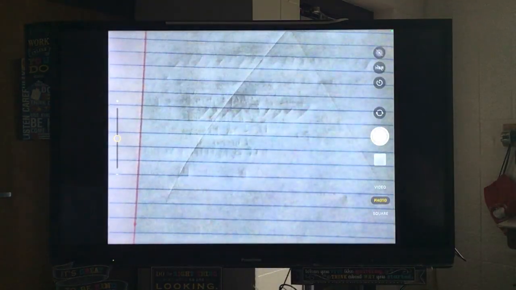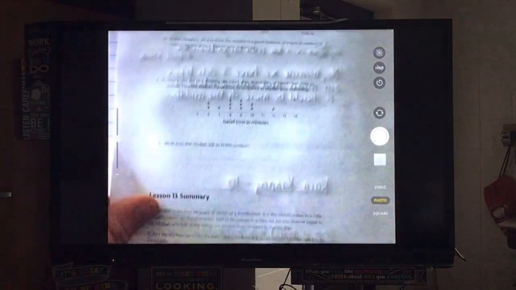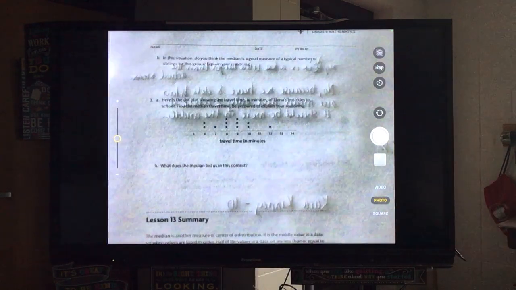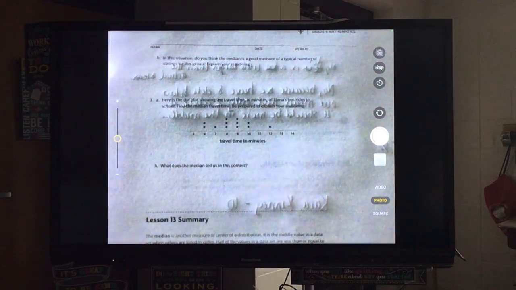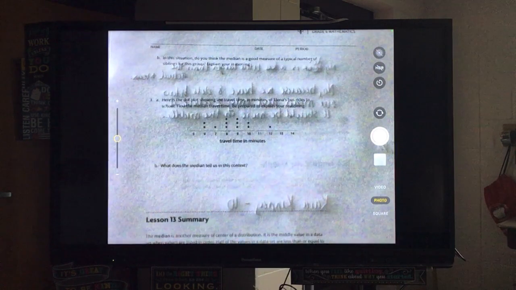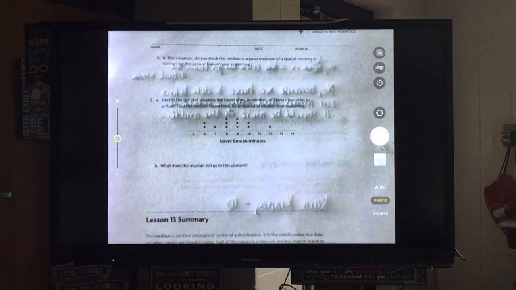Alright, go ahead and open your page. In this situation, do you think the median is a good measure of a typical number of siblings for this group? So do you think 1 is a better measure of the middle than the 2 and 4 tenths that we just had?